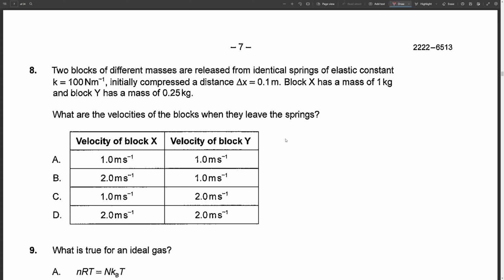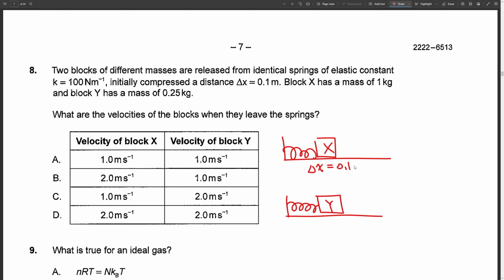In question 8, we have two identical springs. And these two identical springs are attached to two different masses, X and Y. Their compressions are both 0.1 meter. But because their masses are different, their speeds in the end will be different. The mass of X is 1 kilogram. The mass of Y is 0.25 kilogram.